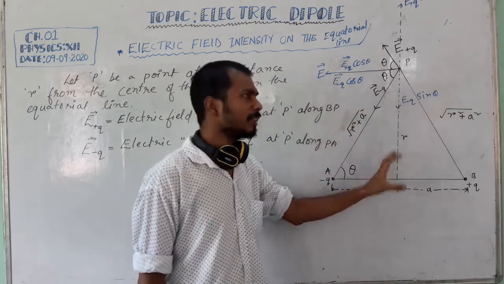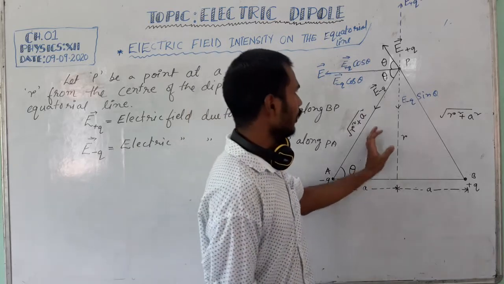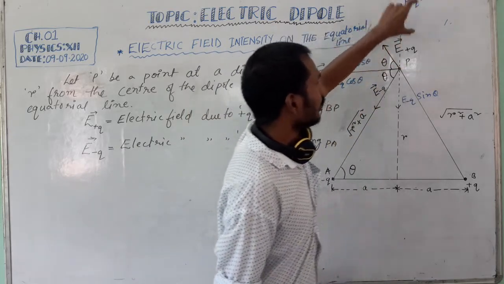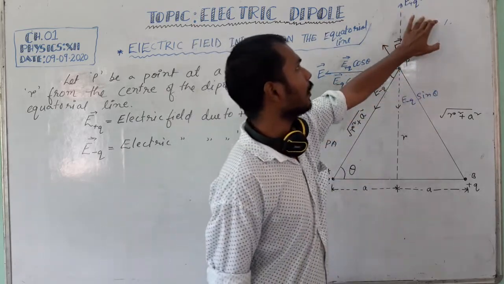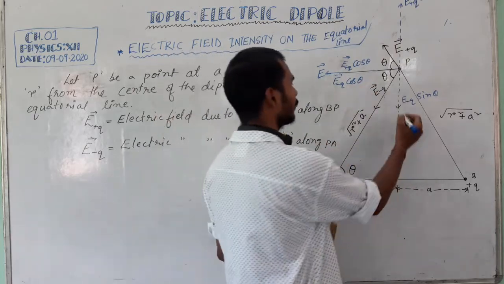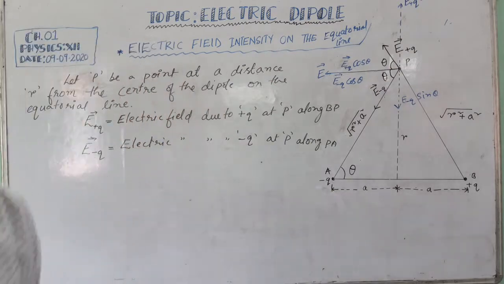The magnitude is the same but the directions are different. If the magnitude is the same, then E plus Q sin theta is equal to E minus Q sin theta, but they are opposite. So E plus Q sin theta and E minus Q sin theta will cancel each other. Why do they cancel each other? Because they are equal and opposite.